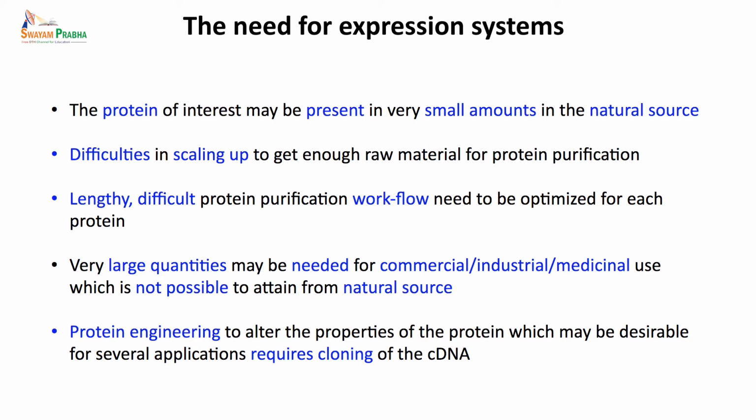Why go through this entire process of isolating and maybe cloning the gene, then putting it into an expression system in order to produce the protein? Because naturally the protein is being produced in a cell, right? So there are certain considerations as to why people go through the recombinant protein expression route rather than isolating it directly from the natural source.